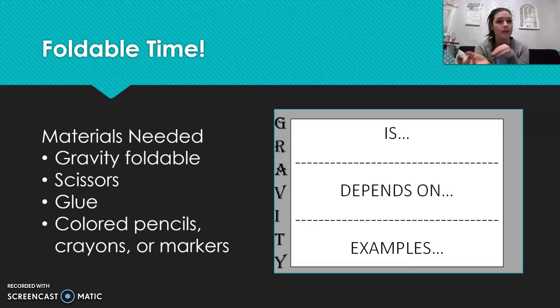Make sure you show me the bowling ball, and then you draw a softball, but make sure you tell me what the mass of your bowling ball is versus the mass of your softball, and why gravity depends on what I just told you. So that would go under depends on. And then be creative and make those pictures and color them.